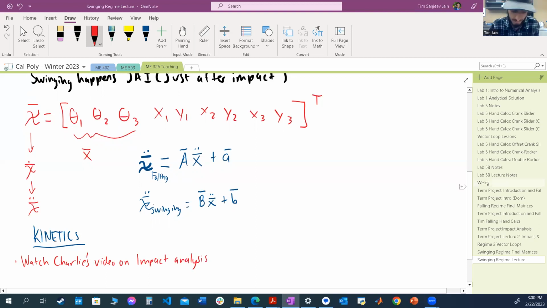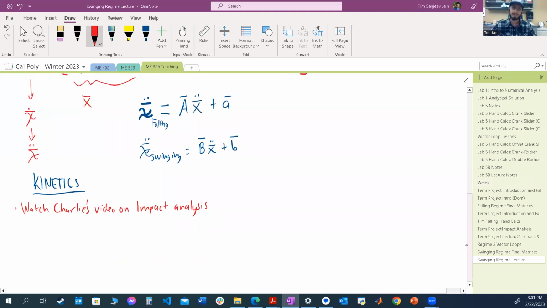What we're thinking about in this regime for swinging is, as we've talked about, what is happening just after impact. And we also have a just before impact condition, which was considered the falling regime.